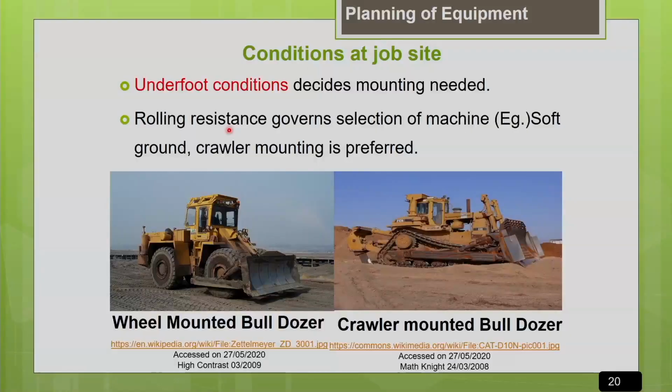If the underfoot conditions are very poor, select a machine with greater horsepower capacity so that you can overcome the rolling resistance in the project condition, keep your machine moving, and do your job productively and efficiently. So what I am trying to say here is that the project condition will govern the selection of the capacity of the machine, not only the mounting but also the capacity of the machine.